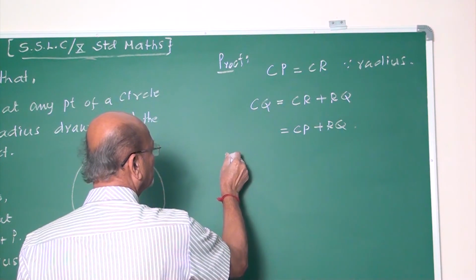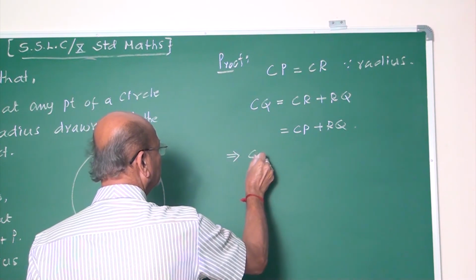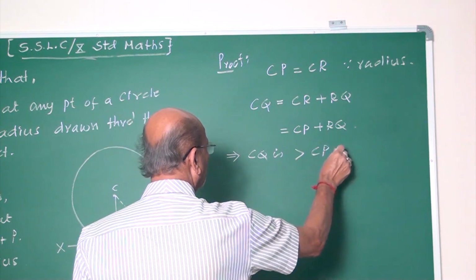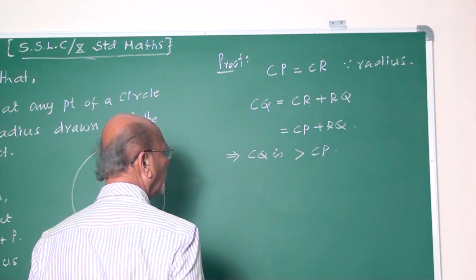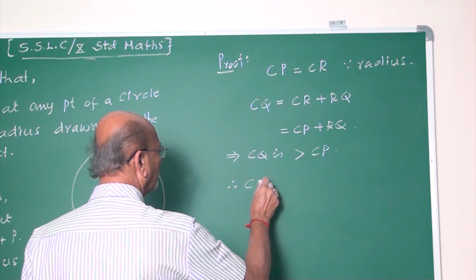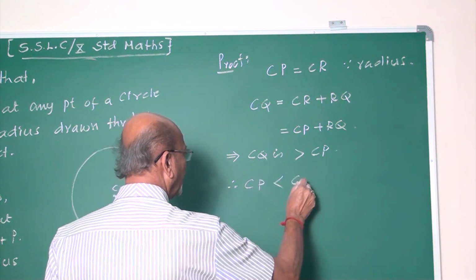This implies CQ is greater than CP. Why? RQ is more. Therefore, CP is smaller than CQ.